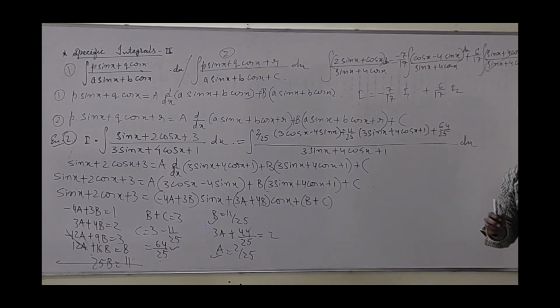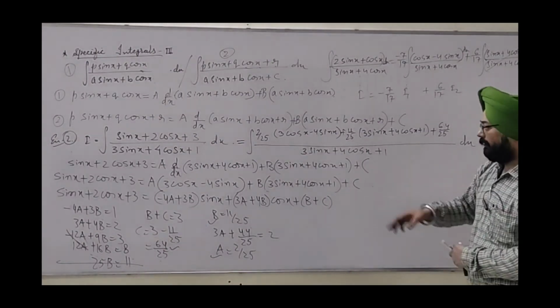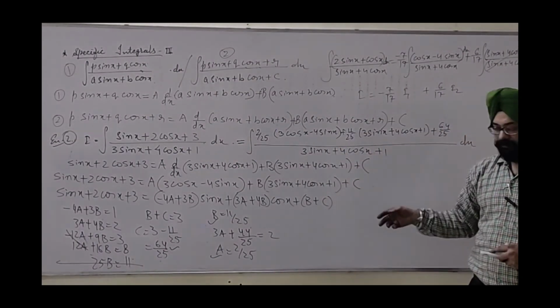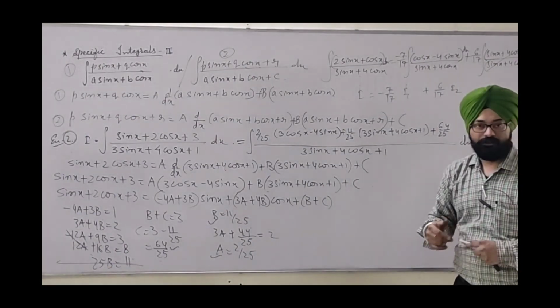Now this further will be solved similar to the previous pattern, by the separation of the denominator in each term. Next, let me get the space, then I will explain by solving.